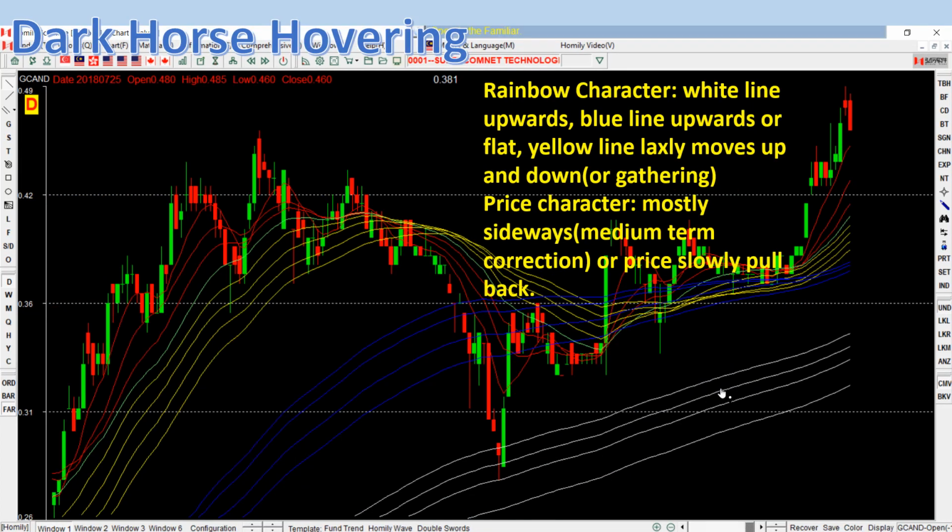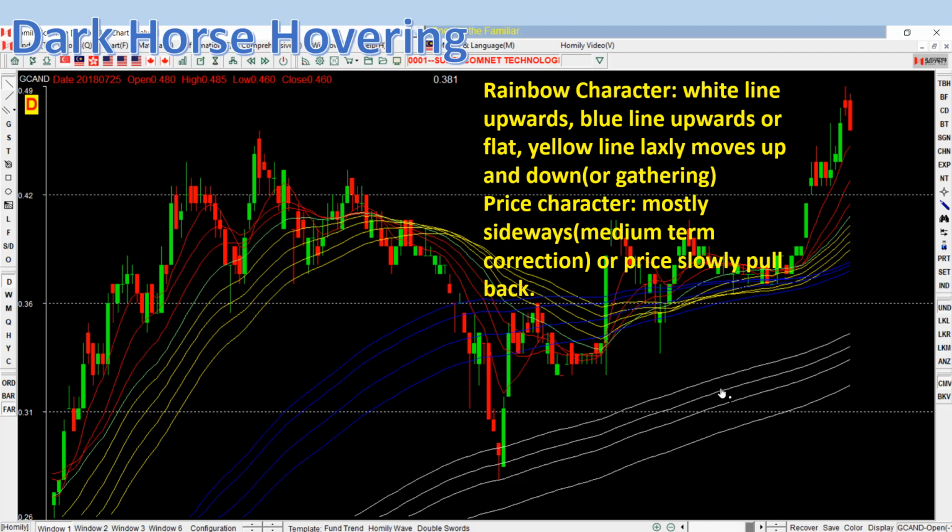And the fourth is the dark horse hovering. The Homing Rainbow character is when the white line goes upwards, the blue line goes upwards or flat, and the yellow line moves up and down. So it is sideways or gathering.